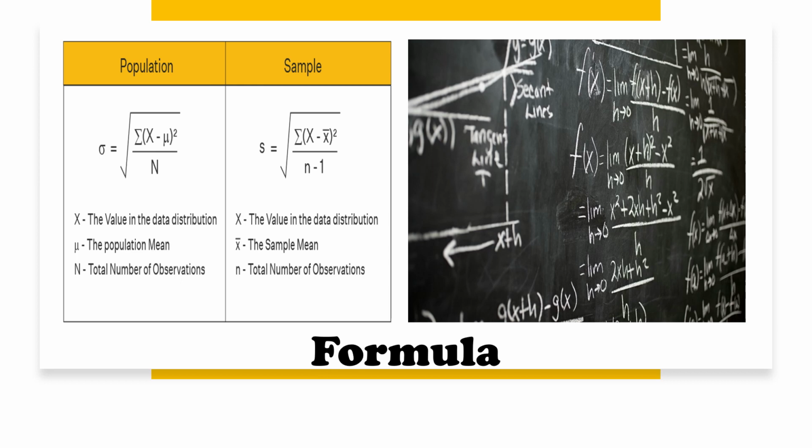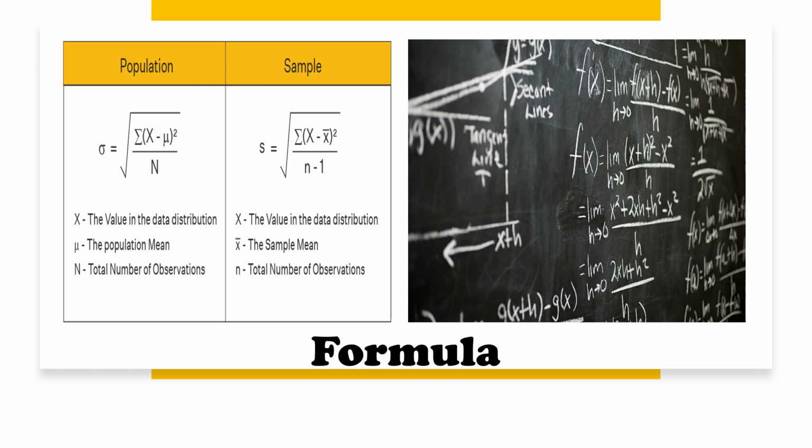In order for us to get the population standard deviation, we must determine what those symbols mean. x means the value in the data distribution, the letter mu means the population mean, and the big letter N means the total number of observations. As you can see, you need to get the square root for the population.